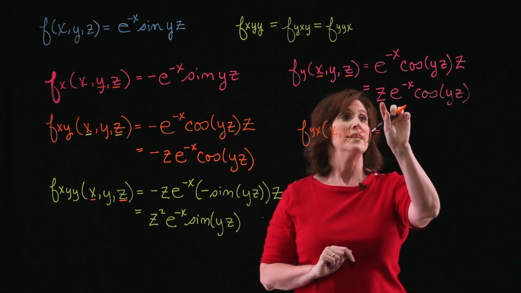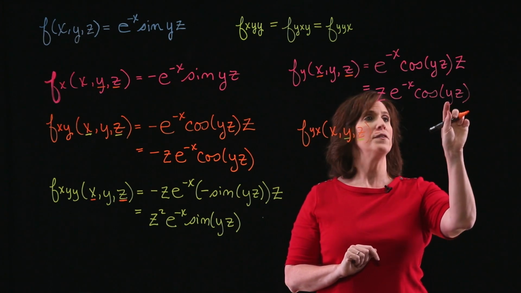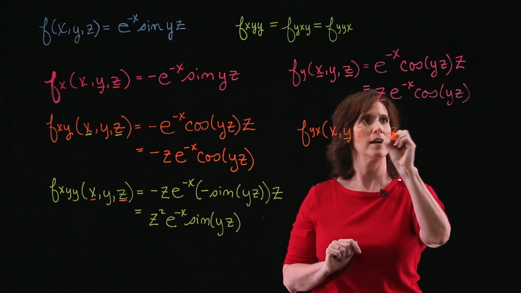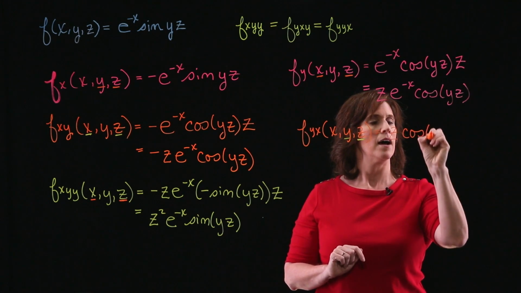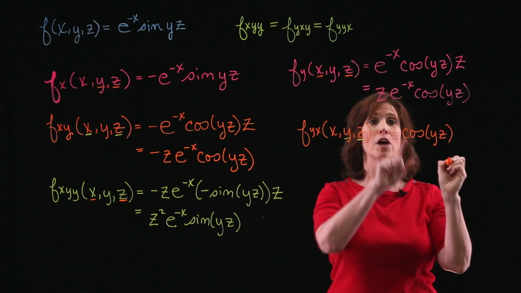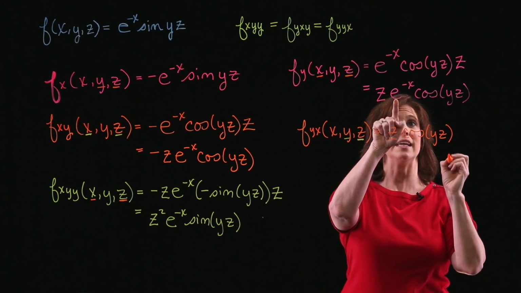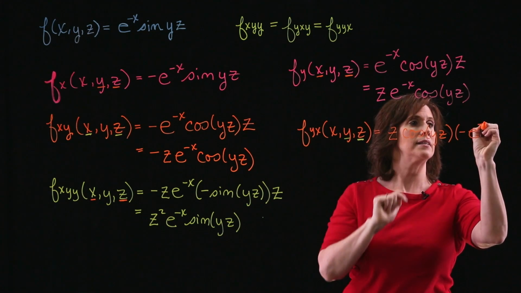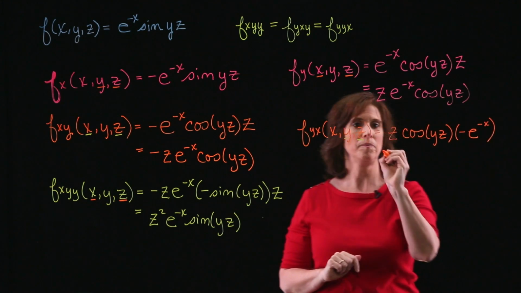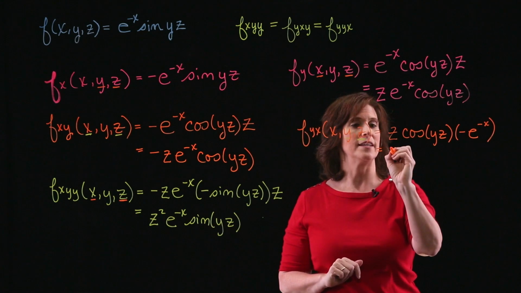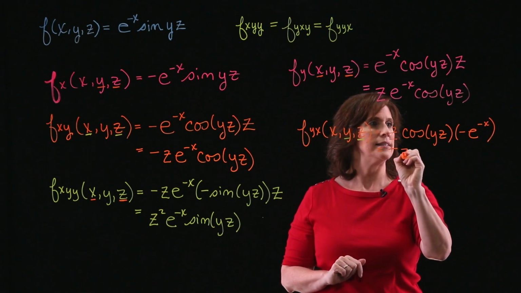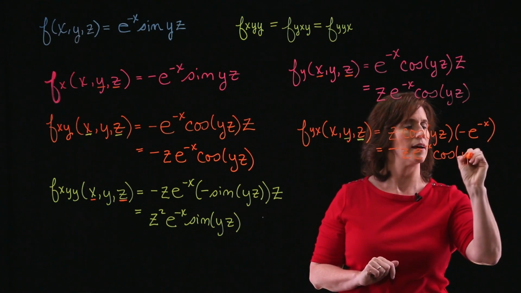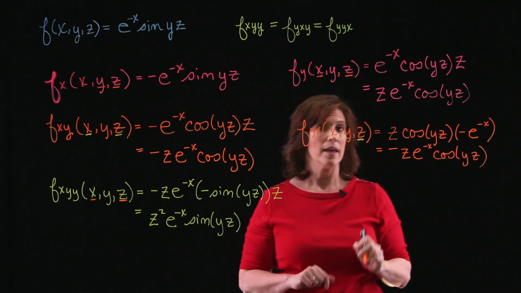Okay, so the z is a constant, and the z and the cosine of yz are both constants, and I need to differentiate e to the minus x, which is going to be a minus e to the minus x power.